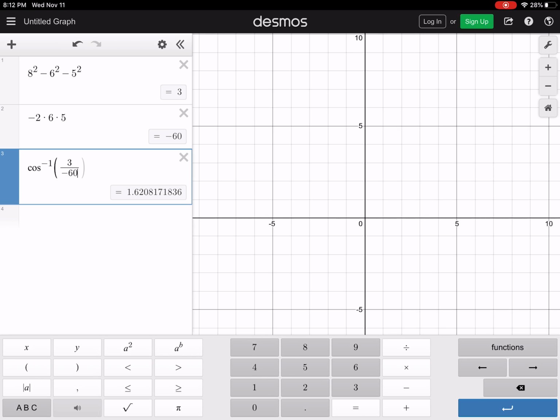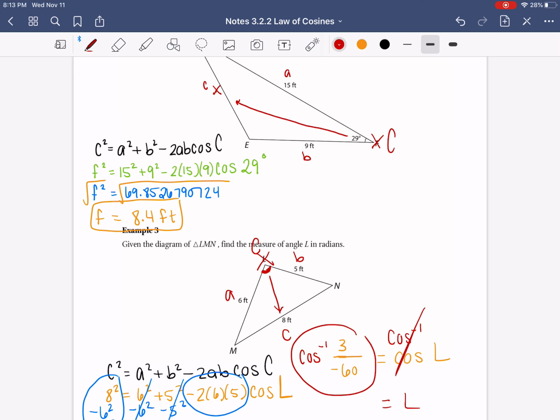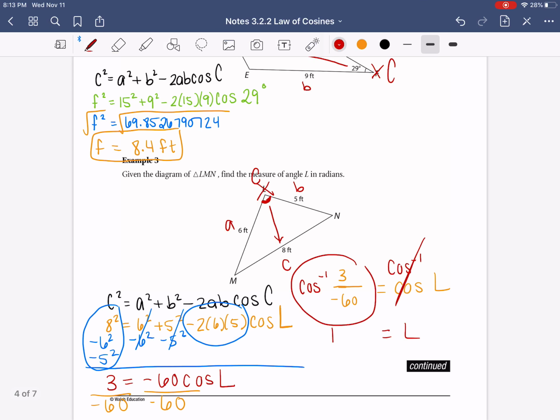I technically could have moved the negative to the top, but it told me to round and didn't tell me where to round, so I'm going to go to the hundredths. So it'd be 1.62 for angle L. So angle L was 1.62 radians. And that's my answer.